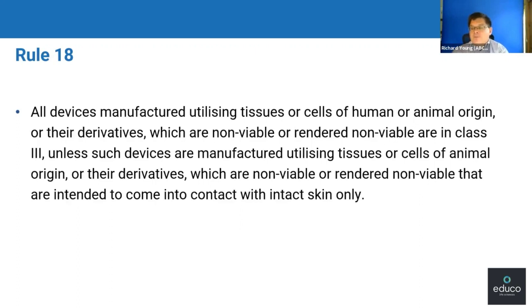A good example of that is we tend to use porcine-derived ligament materials to do things like repair the rotator cuff, the shoulder, a common golfing injury. The material for doing that is usually derived from porcine origins, and that would make it a class 3 device. You can see how that would apply to a lot of top-end medical devices as well.